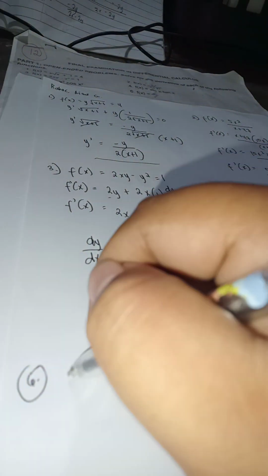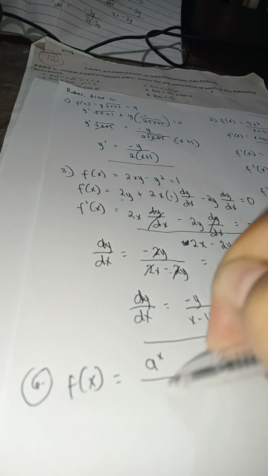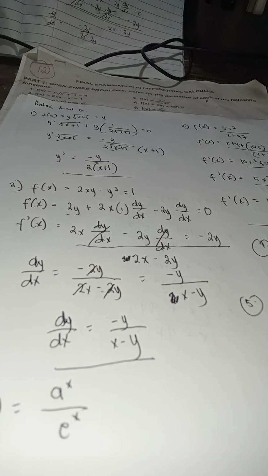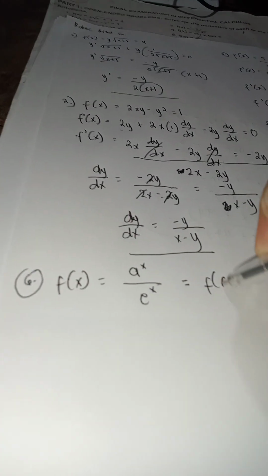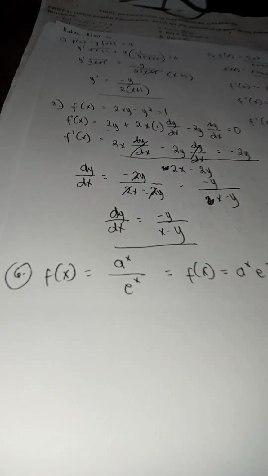Number 6 problem is f of x is equal to a to the x over e to the x. So by this problem, we are going to rewrite it first. So rewrite it first to f of x is equal to a to the x, e to the negative x.